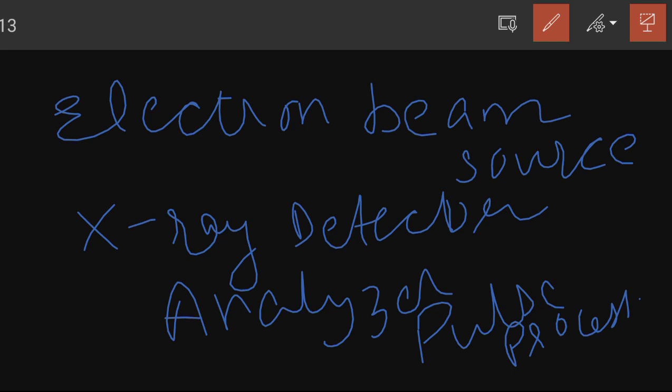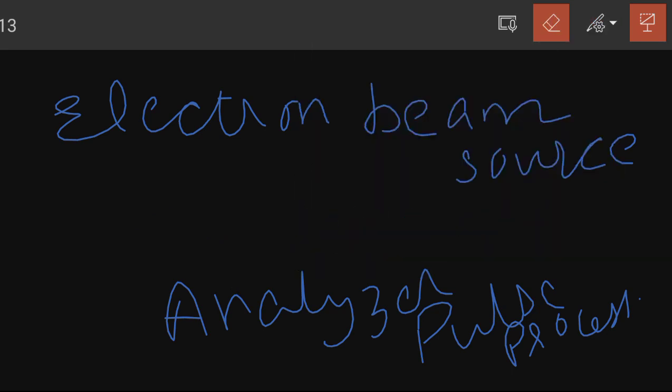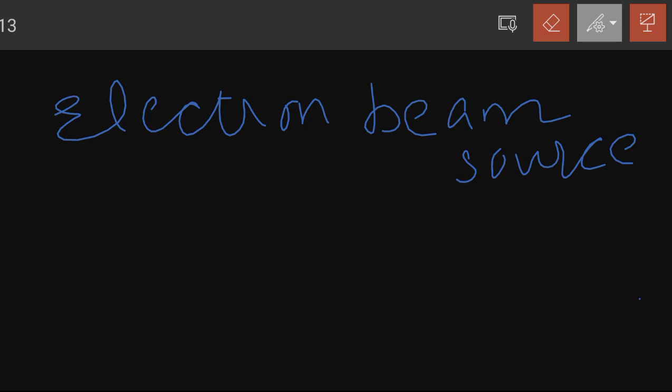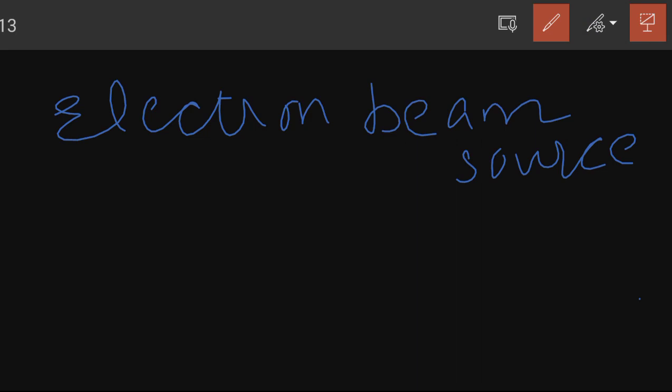So what is the function of the electron beam source? It is used to focus the beam; lenses are used along with the aperture.